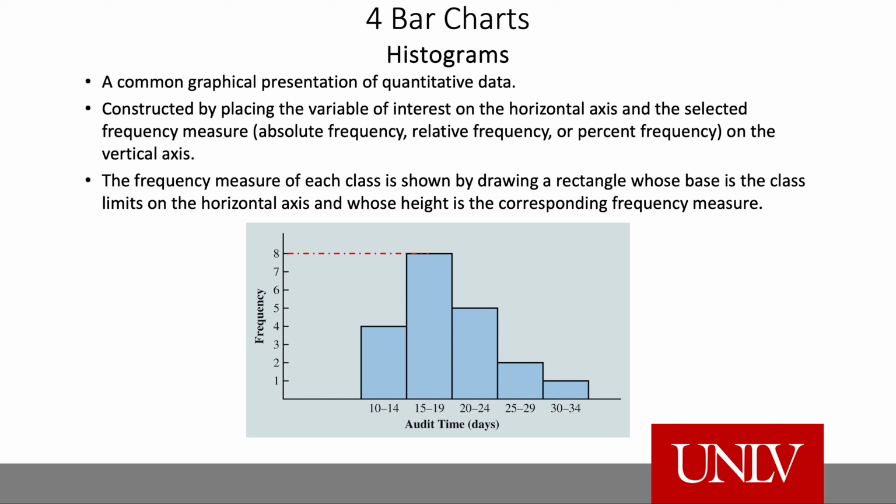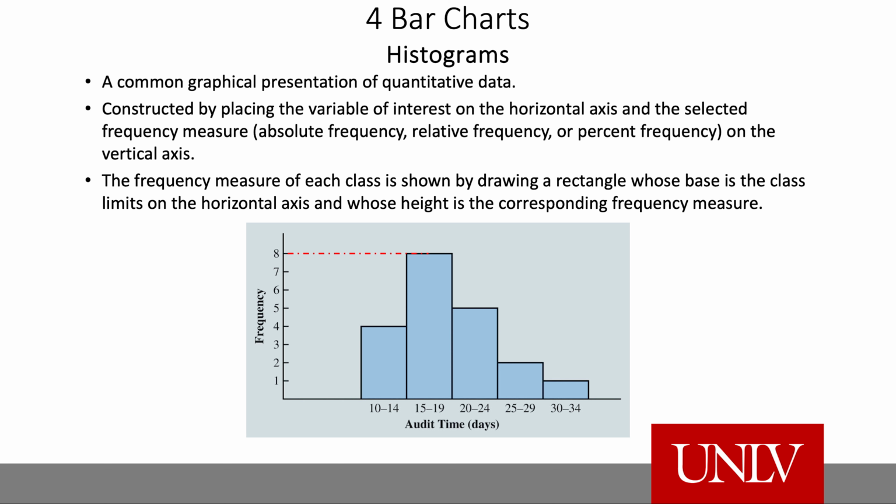Now let's look at a histogram. A histogram shows how data values are distributed across intervals, also called classes. On the horizontal axis, we place the variable of interest. On the vertical axis, we plot a frequency measure. This could be frequency, relative frequency, or percent frequency. For each interval, we draw a rectangle.